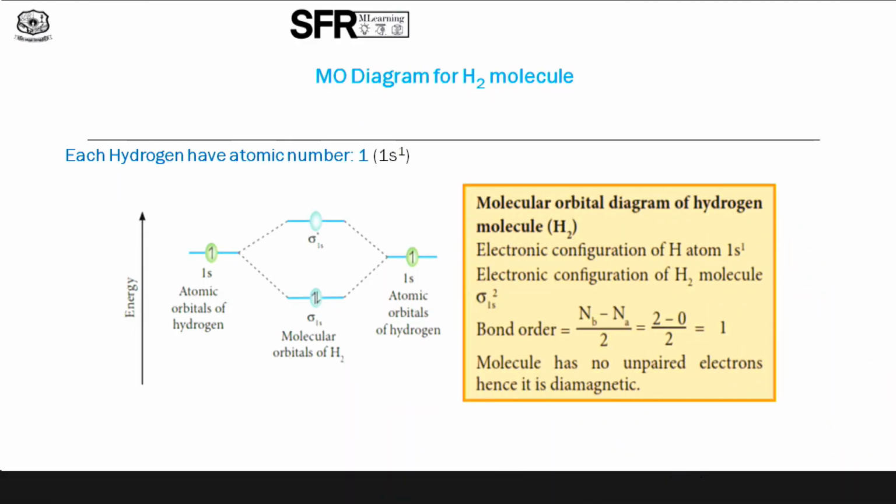Now we discuss how the MO diagram is formed for a homonuclear diatomic molecule, the hydrogen molecule. We already know that hydrogen is the first member of the periodic table. In the H2 molecule there are two hydrogens, and each hydrogen has atomic number 1, so its electronic configuration is 1s1.